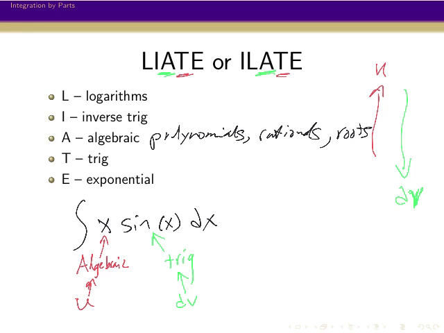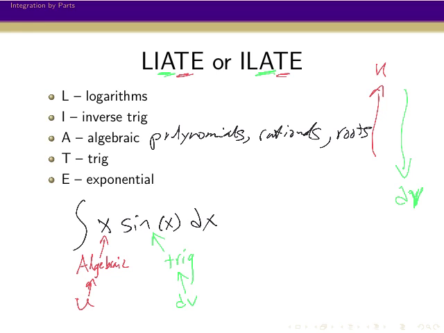Right? And so the idea here is that for the ones earlier on, the L's, the I's, and even the A's, they are generally functions that are harder to take integrals of, and when you take derivatives of them, they become something easier. Right? So if you take a derivative of a logarithm, like natural log, you get 1 over x. Well, that's now algebraic.